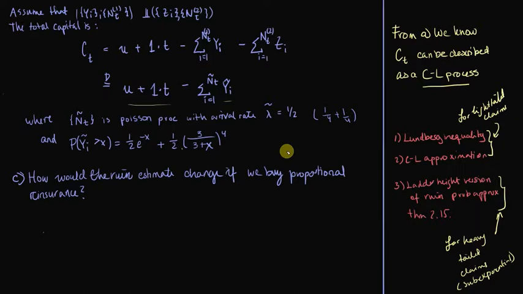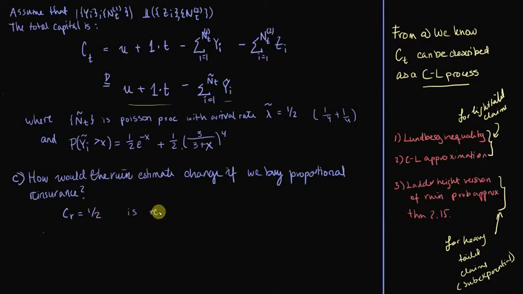Now there is something about the word reinsured that makes us guess that probably the probability of ruin will decrease. However, let's just try to calculate a ruin estimate to be sure. So in C, we are told that we buy proportional reinsurance for which we pay the premium c_R equal to 1/2.